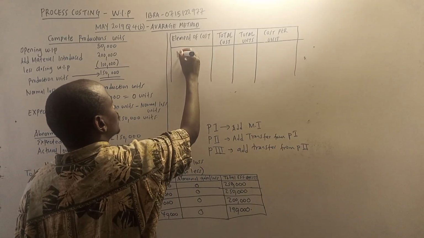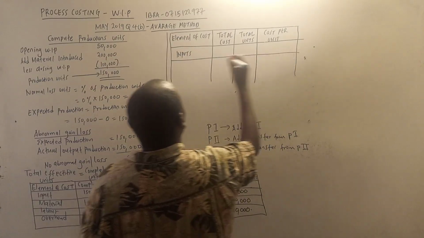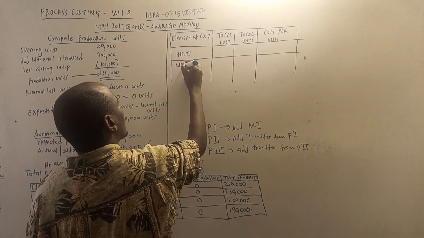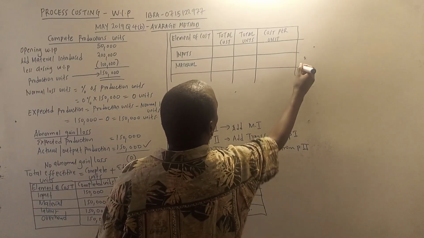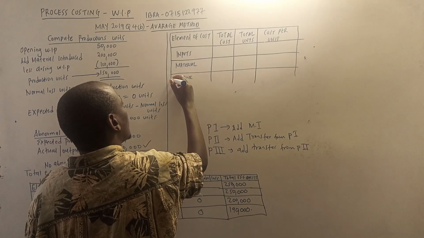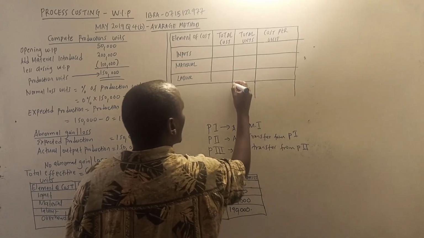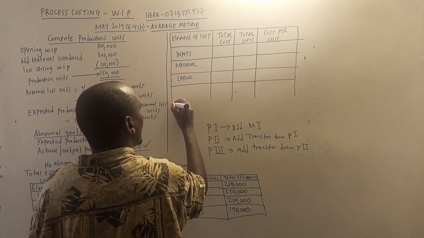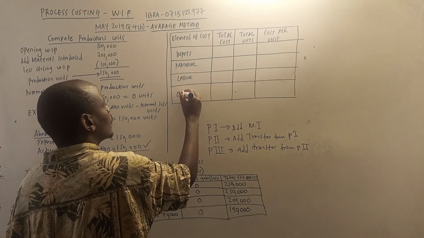So we start with the inputs, material, labor, then overheads.